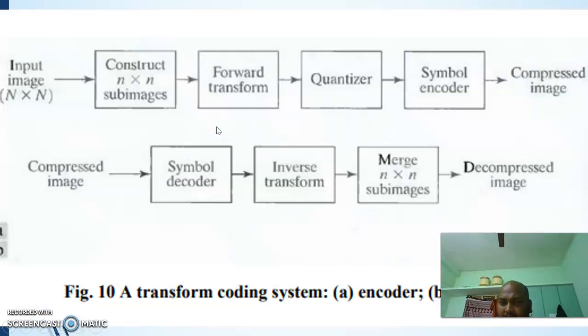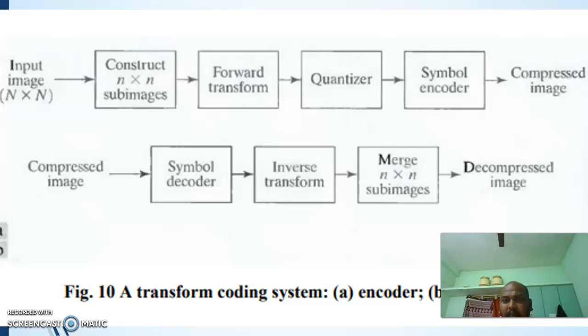Now, looking at the block diagram of transform coding, the input image is there. For efficient computation, it is split into various sub images.